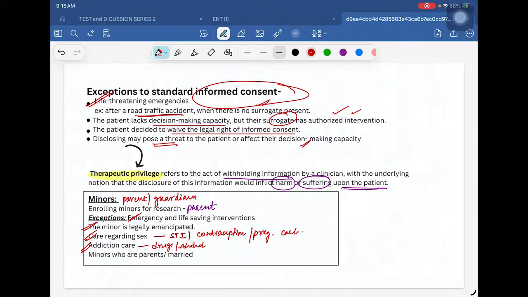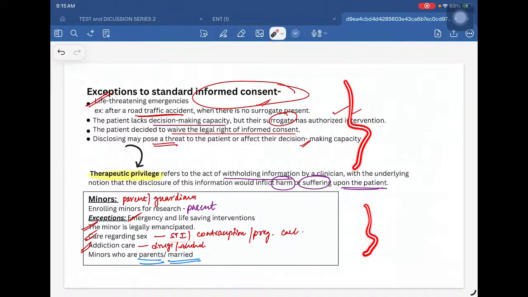For all this, you don't need parental consent. Or minors who are parents, like they themselves have kids, like teenage pregnancy, or if the minors are married, in all these situations you don't need parental consent. The minors can get treated directly by talking to the doctor.